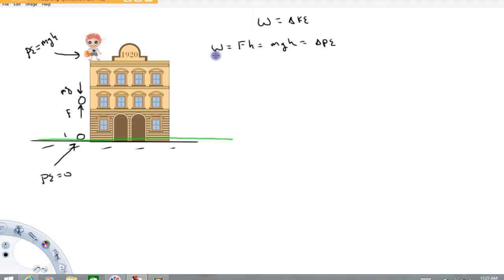So you'll notice that the work done by this external force is equal to the change in potential energy of the system. Now remember from my previous video that the work done was equal to the change in kinetic energy in that example. So work can change either your kinetic energy or your potential energy. It can also change them both at the same time.